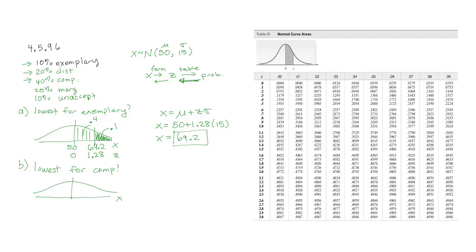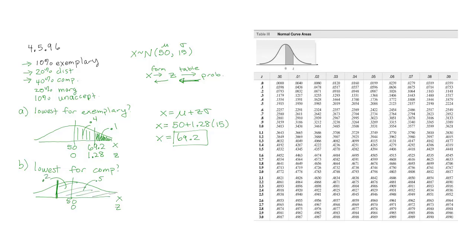Well, we're going to start off by drawing a curve, just like before. But we want 70% to be above our mark. Well, we know half the curve is to the right of 50, so we need to go beyond that. So that's going to be somewhere down here. So we want to find where this line is. We know that 50% is here, which means 20% would have to be here in order for this total area to be 70%.